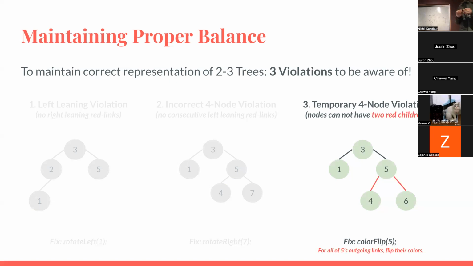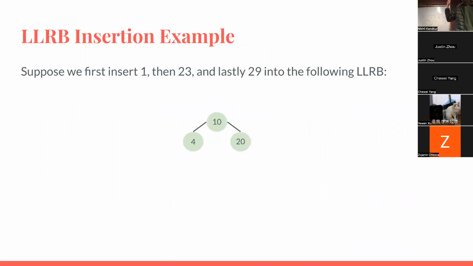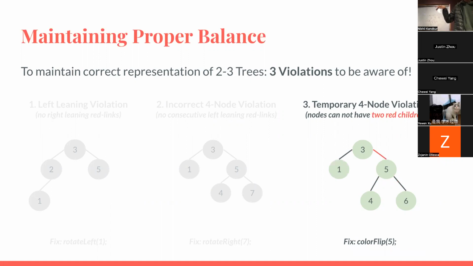What that means is for all of 5's outgoing links, like the link to its parent and children 4 and 6, those just swap colors, right? So after you call color flip on 5, the link to its parent is going to be red, but then its 2 children are going to be black. Yeah. So those are kind of the 3 cases that we run into.